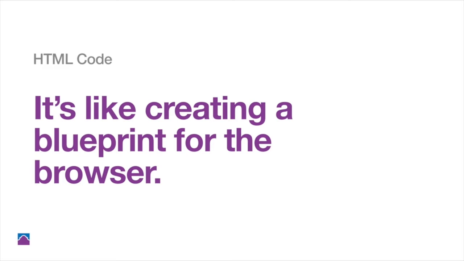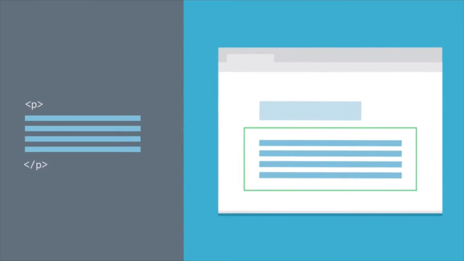HTML coding is like creating a blueprint for the browser. So we can wrap this text content around a paragraph tag so the browser knows it's a paragraph. Then we can use CSS to say we want the text to be white and a background of some kind of dark black color.